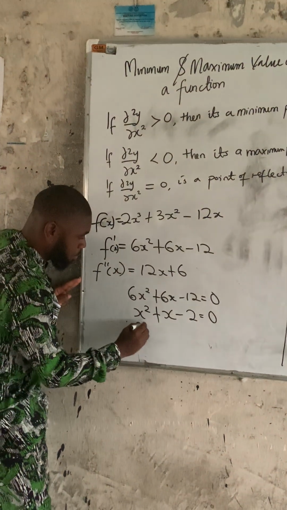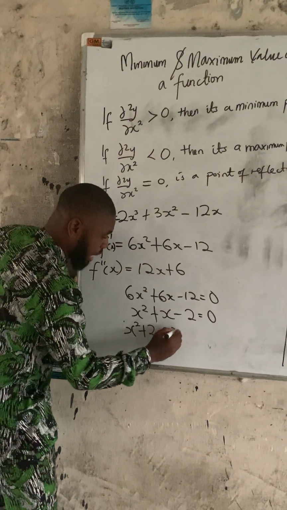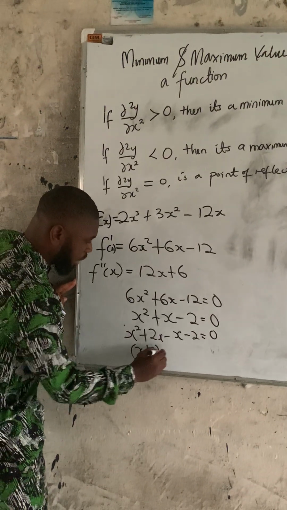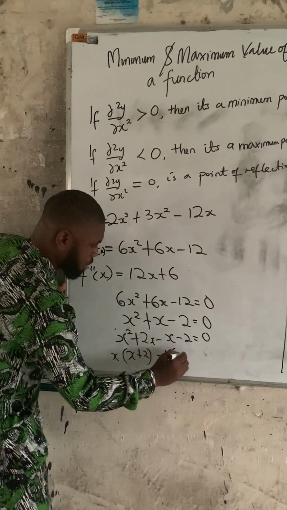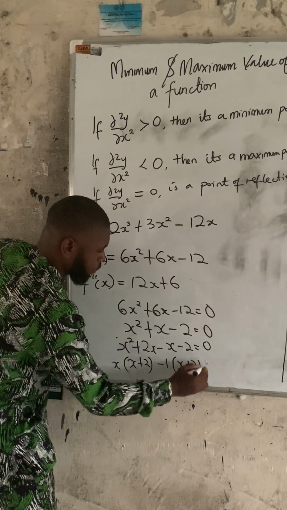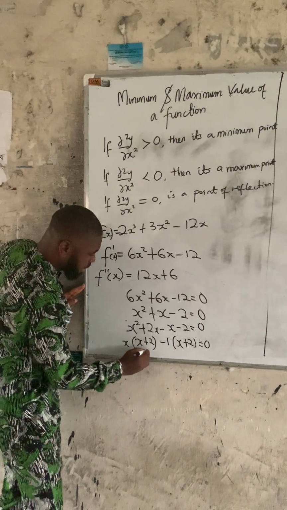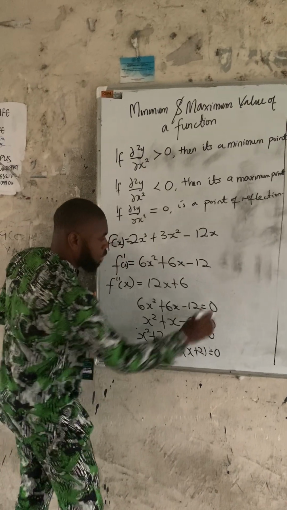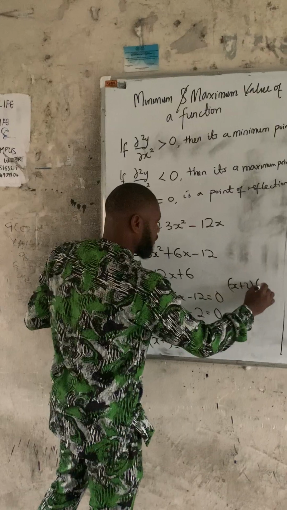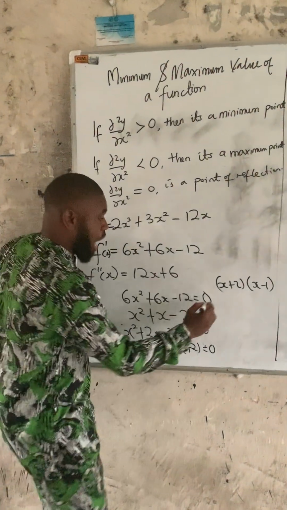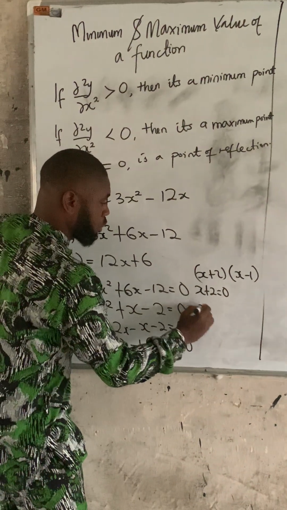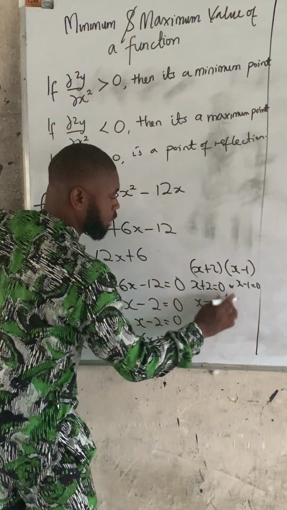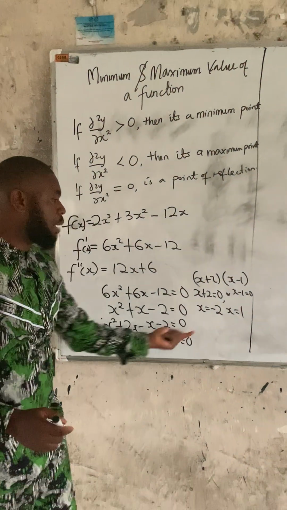So you have x squared plus 2x minus x minus 2 equals 0, which factorizes to x plus 2 times x minus 1 equals 0. So x plus 2 equals 0 gives x equals minus 2, or x minus 1 equals 0 gives x equals positive 1. So either minus 2 or 1.